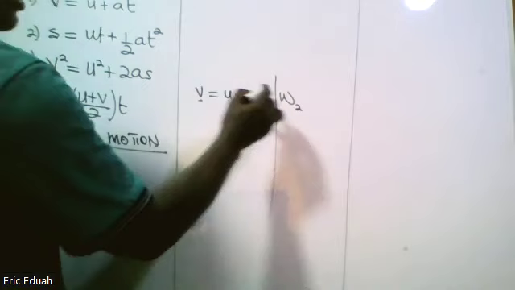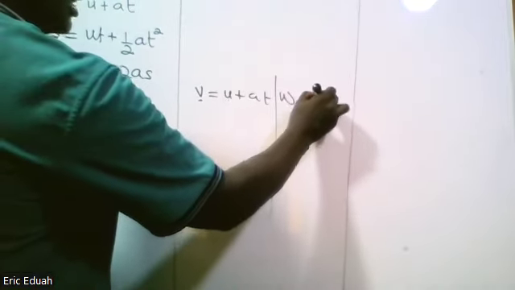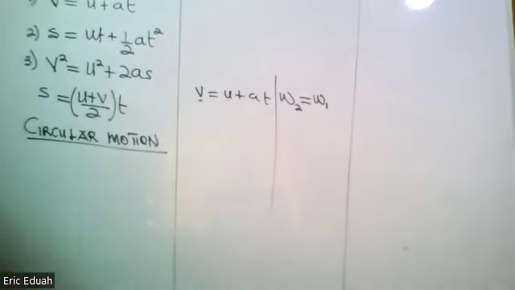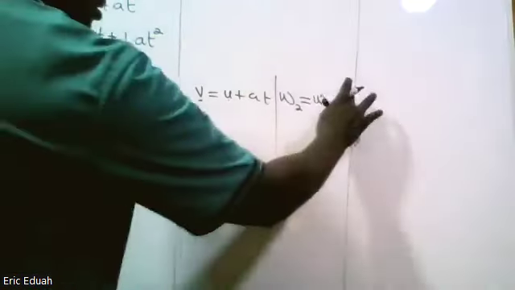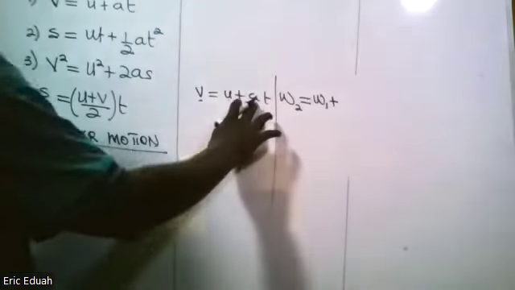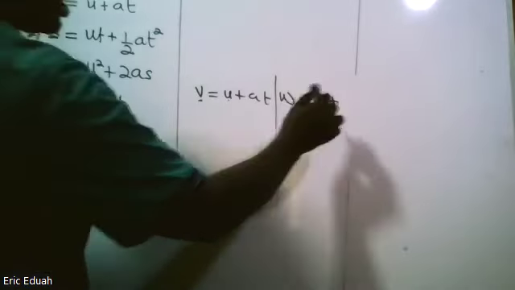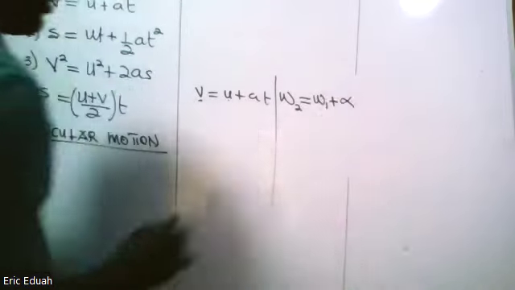U is the initial velocity, which is also the initial angular velocity. The acceleration is linear; under circular motion, we have angular acceleration.